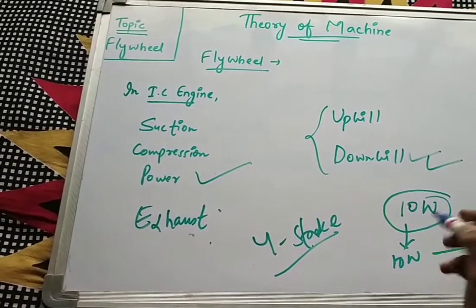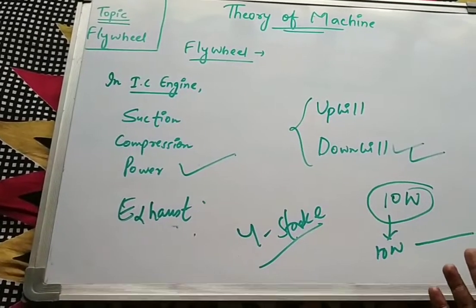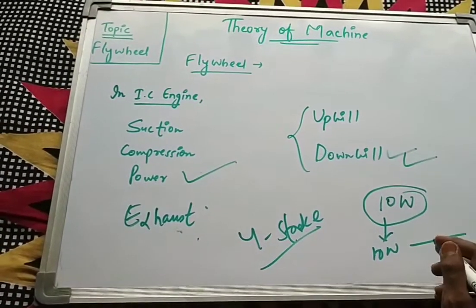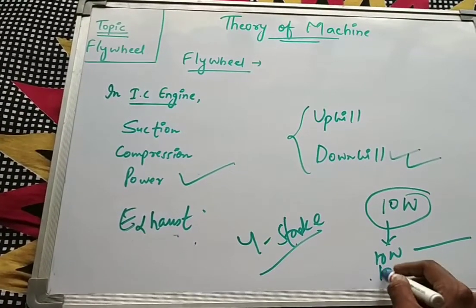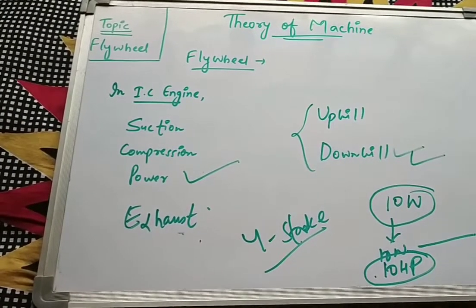That will not vary; the power of the engine cannot vary, sometimes 9 watts, sometimes 8 watts, sometimes 11 watts, sometimes 12 watts. That is not possible. If the engine has a capacity of 10 HP of power, then it will be constant throughout its lifespan.